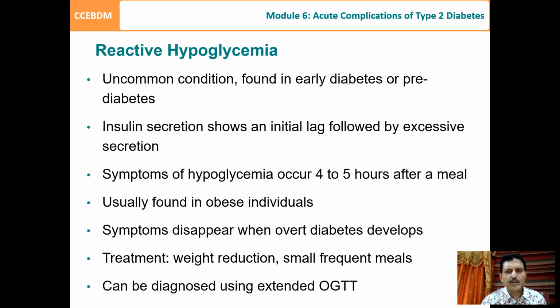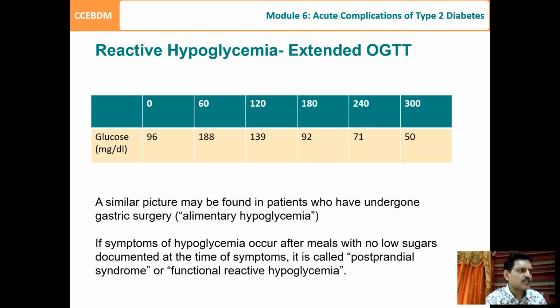And the symptoms disappear when overt diabetes develops. The treatment is by reduction in body weight, and you can also ask the patient to take frequent small meals. And this can be diagnosed by an extended oral glucose tolerance test.